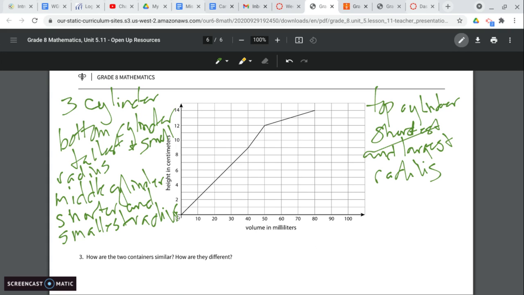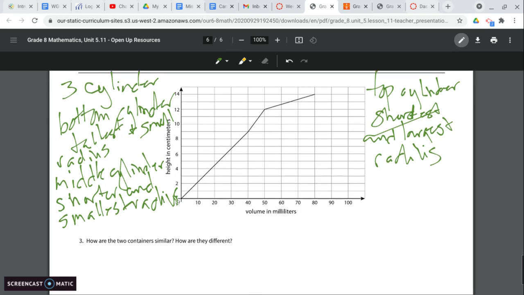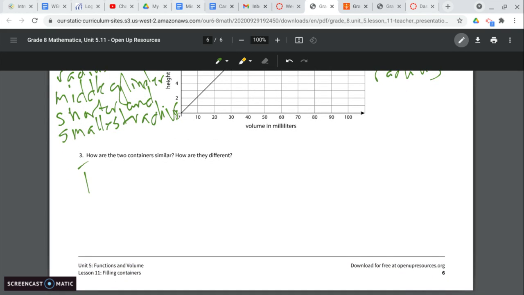So for number 3, how are the two containers similar? How are they different? Both contain multiple cylinders.